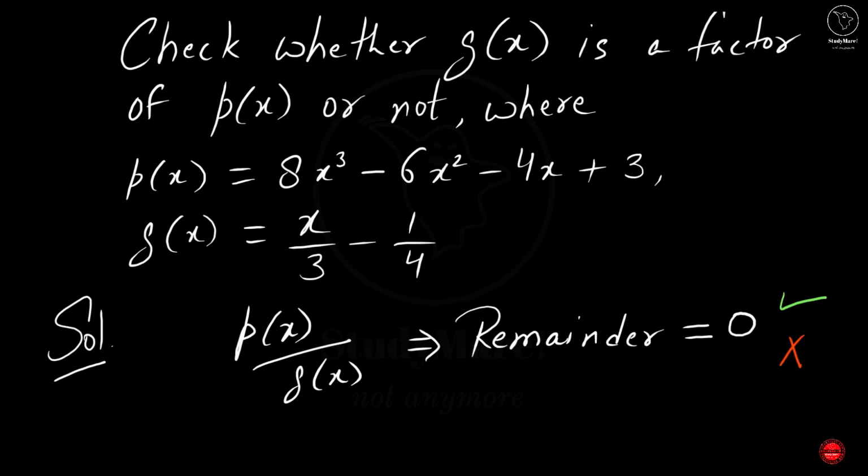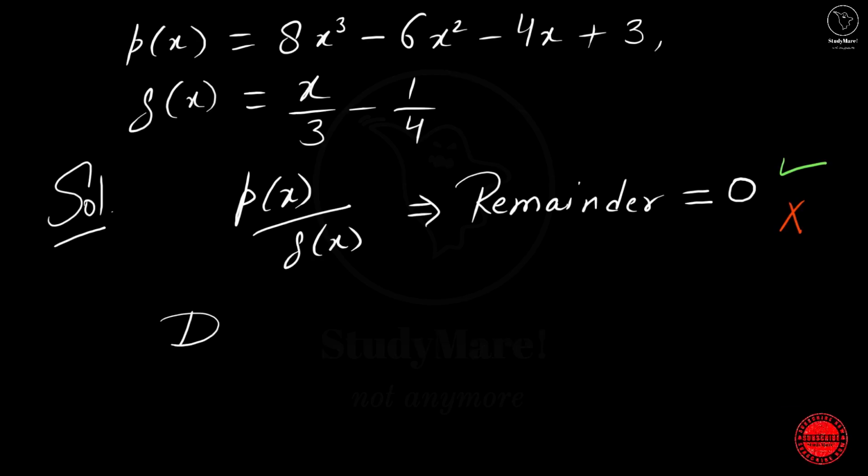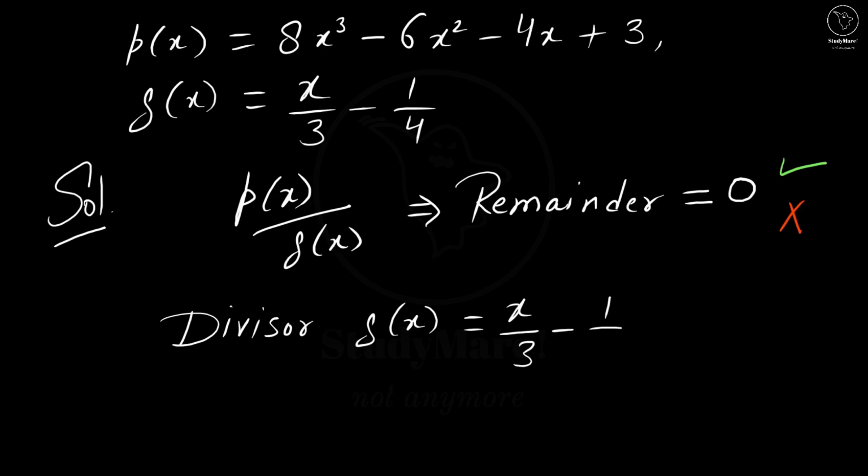So in this case, we have the divisor as g(x), which is equal to x by 3 minus 1 by 4. This is given, and we have to divide p(x), which is the dividend, by this divisor.